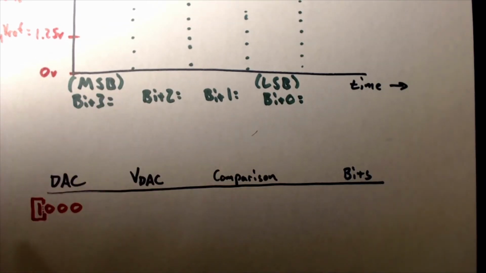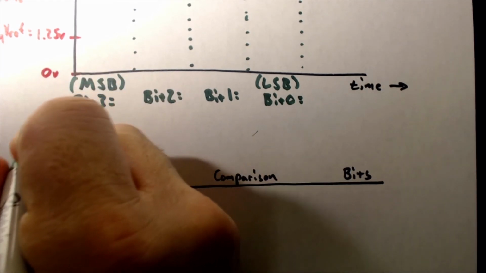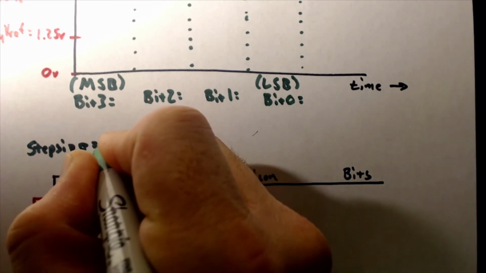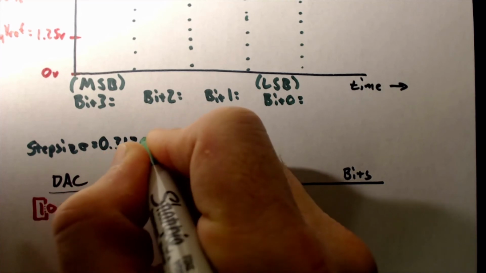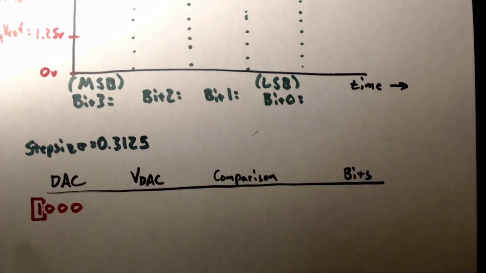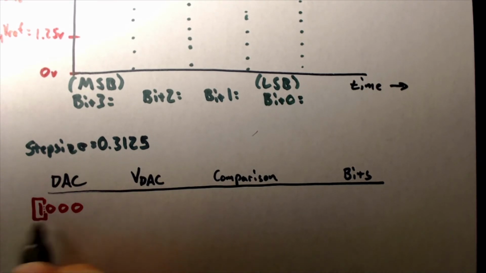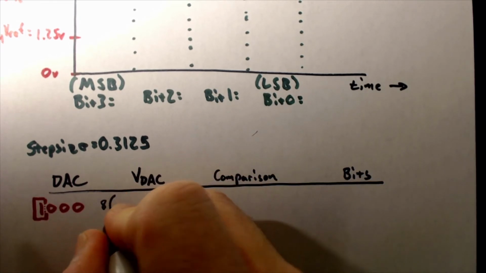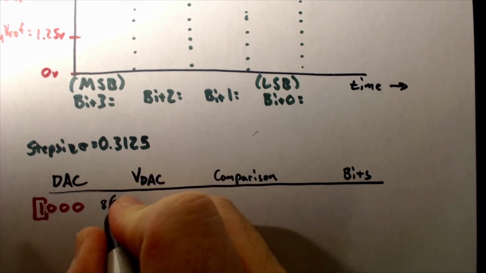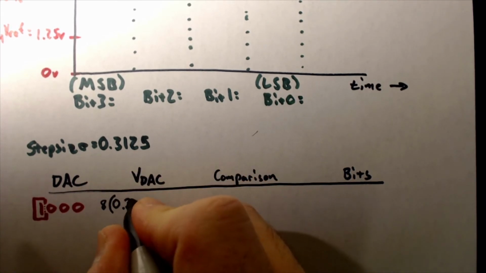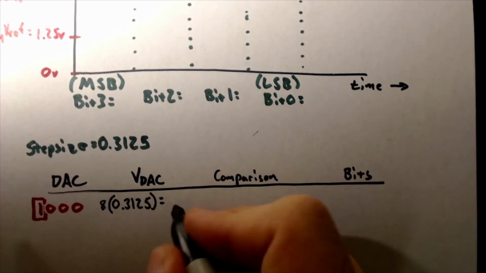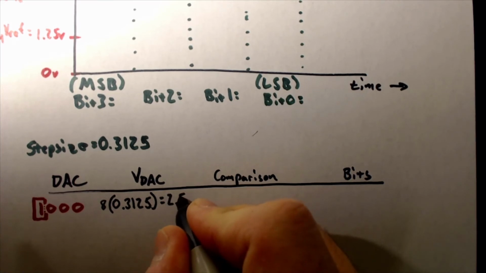So I'll write that up here. 0.3125. Okay. So this obviously is 8. So 8 times 0.3125 is equal to what? 2.5 volts.